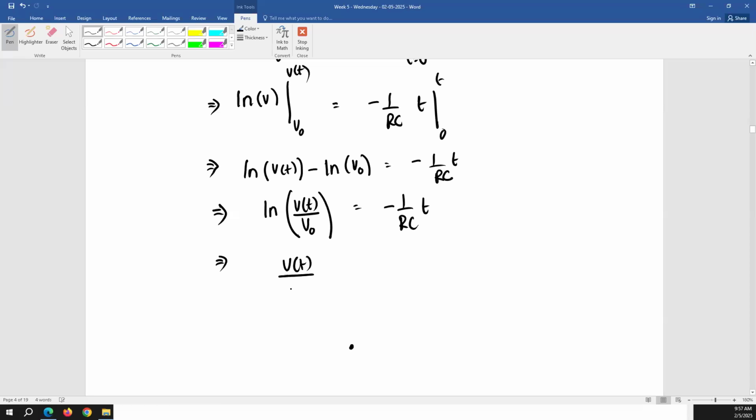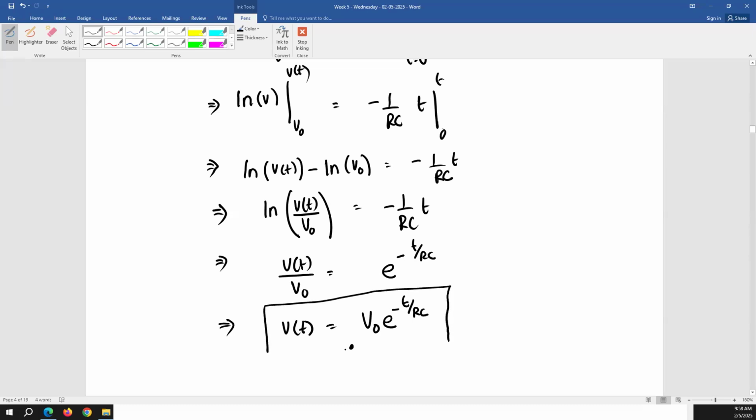On this side, we will be left with Vt over V naught, and the other side is going to be e to the power negative t over RC. And finally, the expression for the voltage is going to be V naught e to the power negative t over RC, for t greater or equal to 0 positive. You can keep 0 if not 0 positive, greater or equal to 0.